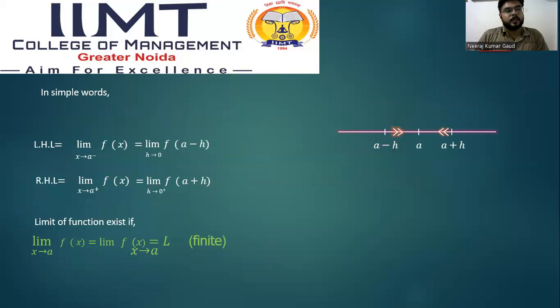In simple words, LHL equals limit x tends to a negative f(x), which is equal to limit h tends to 0 f(a minus h). RHL is limit x tends to a positive f(x), which is equal to limit h tends to 0 f(a plus h). The limit of a function exists if LHL equals RHL equals L, which is a finite value.